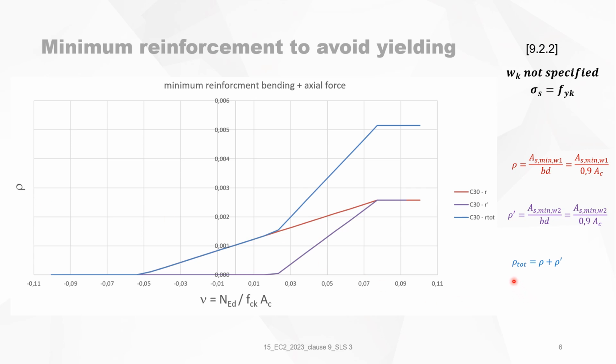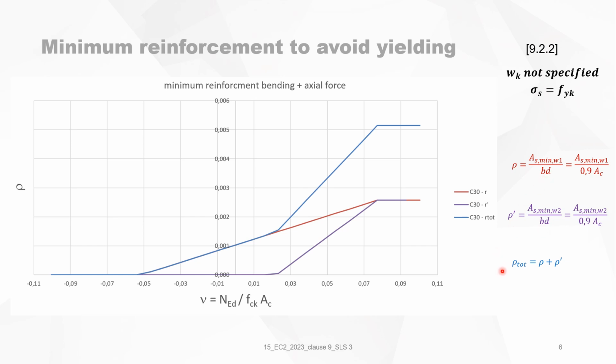The total reinforcement ratio is defined as the ratio for the most tensioned reinforcement plus the ratio of reinforcement for the least tensioned reinforcement. So rho is AS min W1 divided by BD, and rho accent is the AS minimum W2 divided by BD.